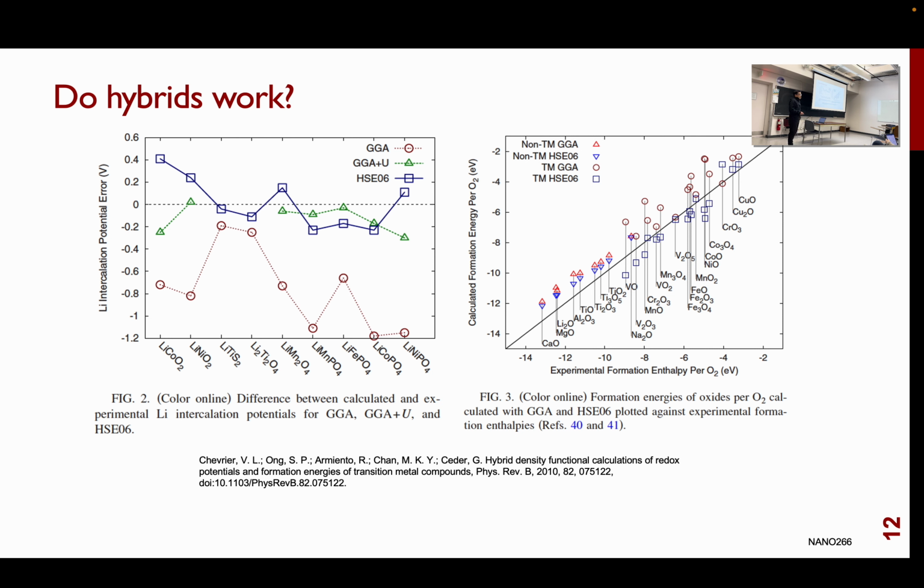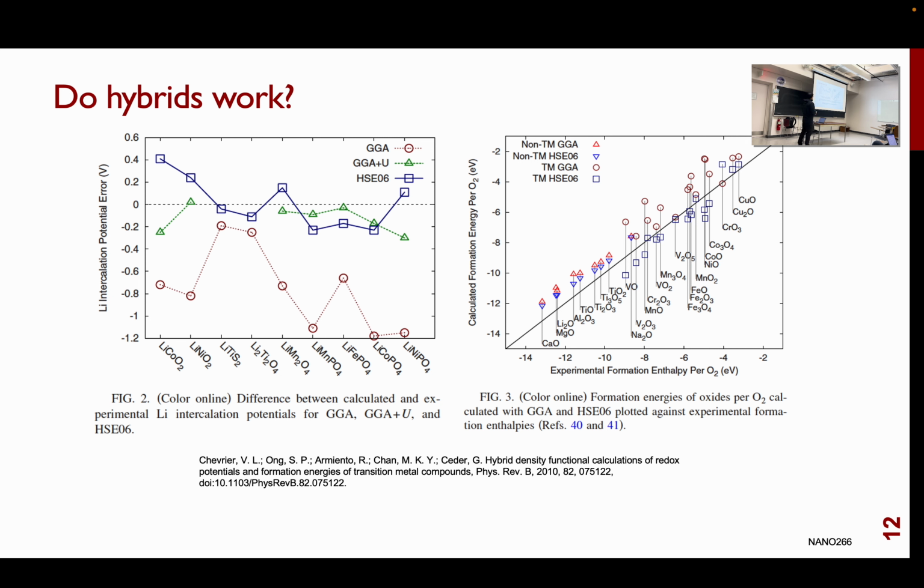The other reason why you would want to use hybrids is especially in cases where the self-interaction error would manifest itself. And one of the most important cases where this self-interaction error occurs is when you are calculating reaction energies, especially reaction energies involving change of oxidation state.